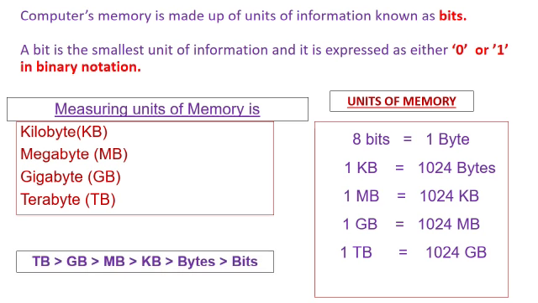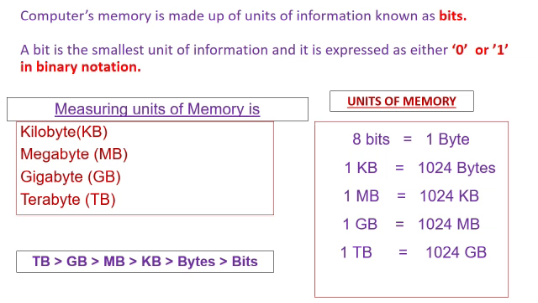Now if we see the order from the greatest to the smallest unit of memory, terabyte is the highest, then smaller than terabyte is gigabyte, gigabyte is greater than megabyte, megabyte is greater than kilobyte, kilobyte is greater than byte, and byte is greater than bit.